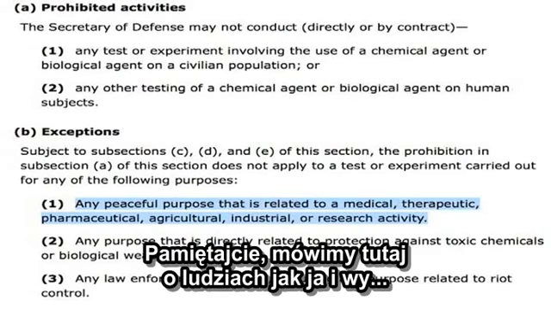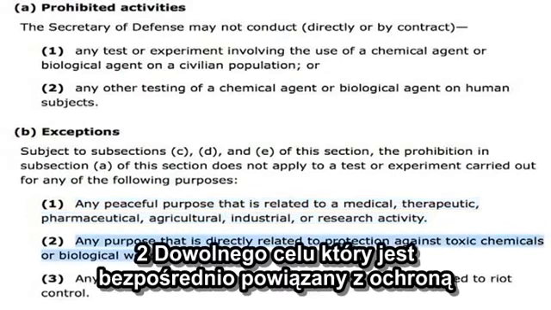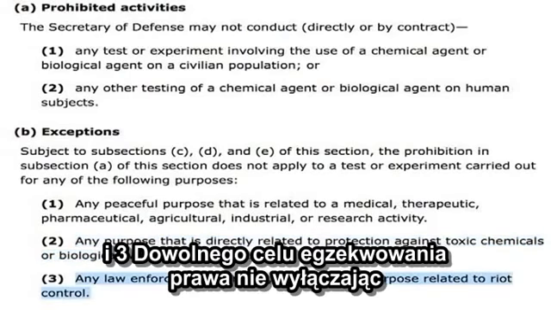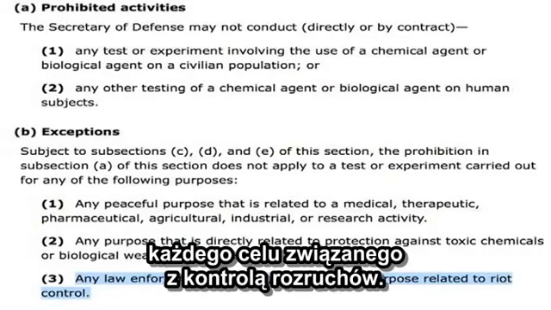Remember, we're talking about humans like you and me here. 2. Any purpose that is directly related to protection against toxic chemicals or biological weapons and agents. And 3. Any law enforcement purpose, including any purpose related to riot control.